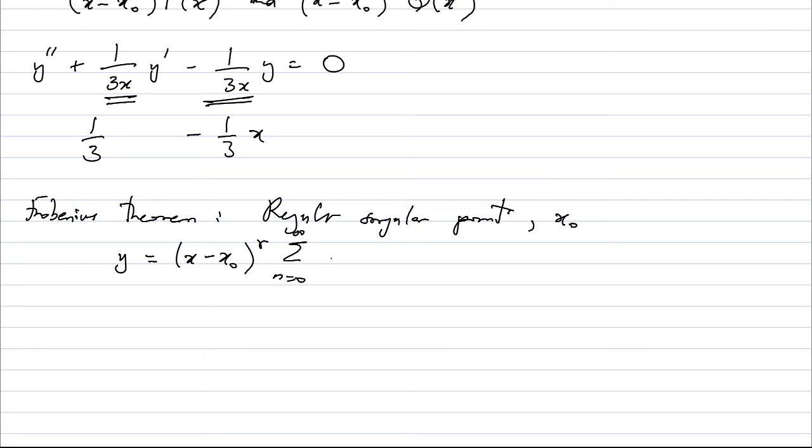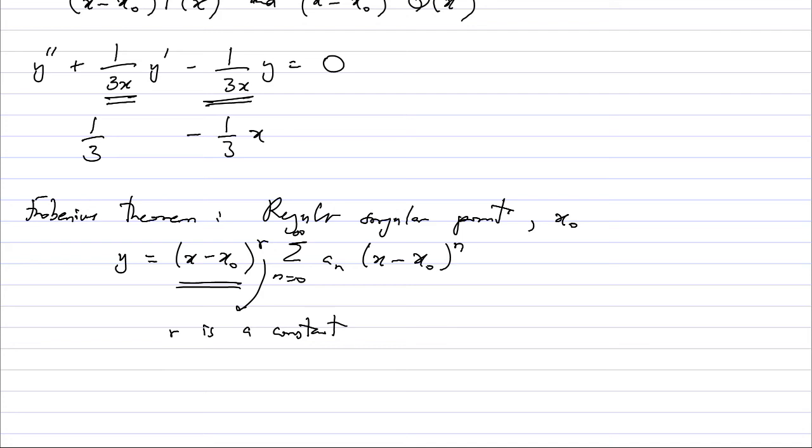Let me just write it out. You have a power series multiplied by another factor, where r is a constant which you need to determine. So there's another thing that you need to determine over here. But the important thing is that r need not be an integer.